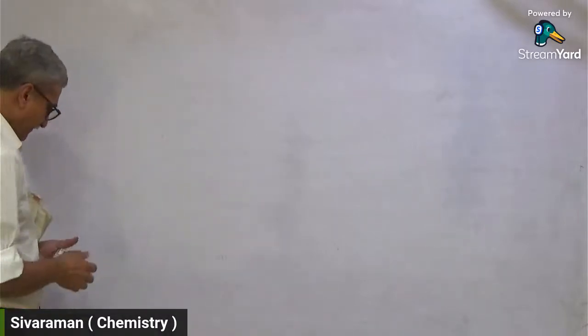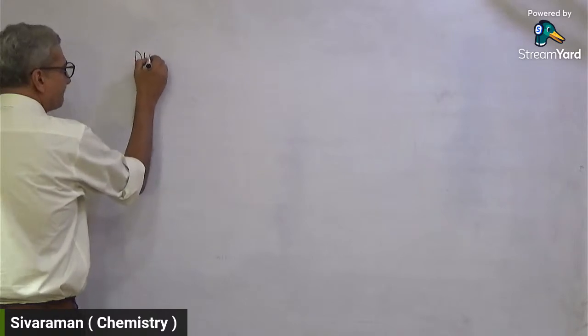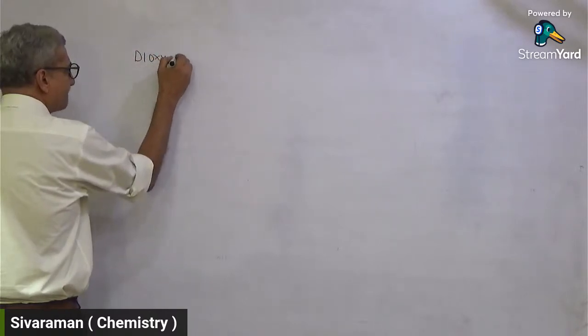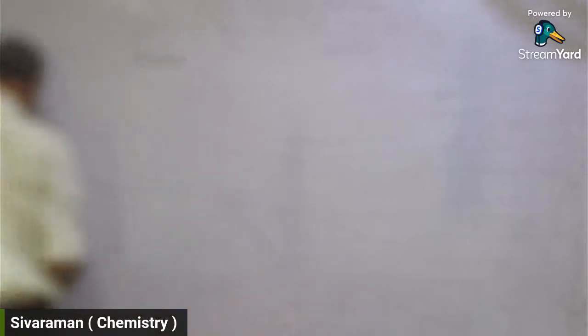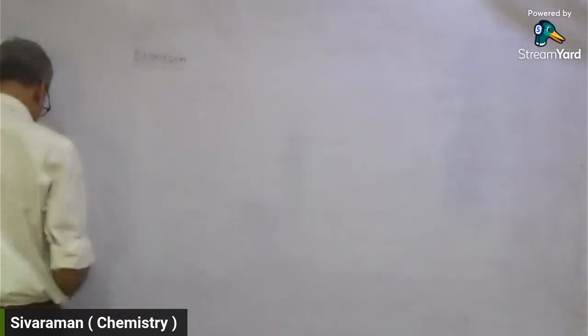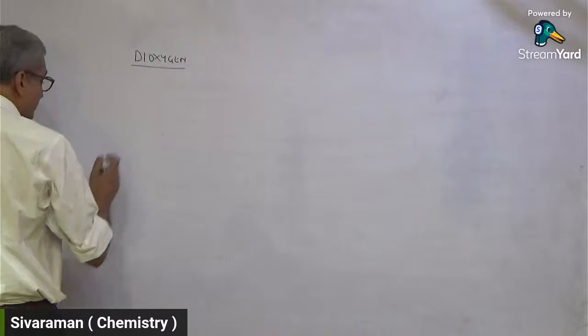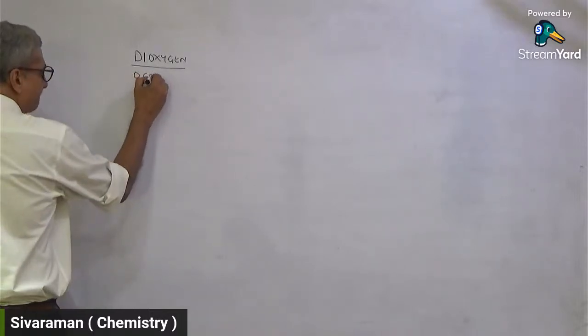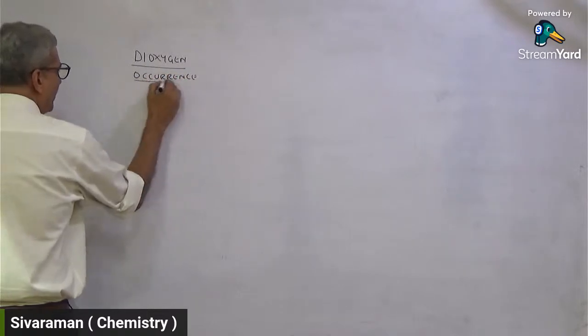So what we have is, we are now talking about dioxygen. When you talk of dioxygen, what happens? It is an abundant element, all that occurs is correct. So in the occurrence, when we talk of occurrence, what happens?